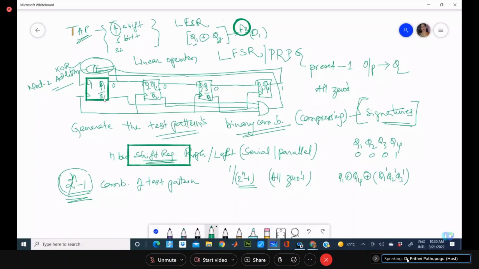Okay. And Q1 bar, Q2 bar, Q3 bar will be 1. That 1 over this 1, that means 0, 1, 1 XOR, you will be getting 0. This 0, if you update, you will be getting all zeros. This 0 will be shifted, no? This will be shifted and this will be 0, 0, 0, 0. So that was an adjustment that is made in order to have the all zero pattern also.